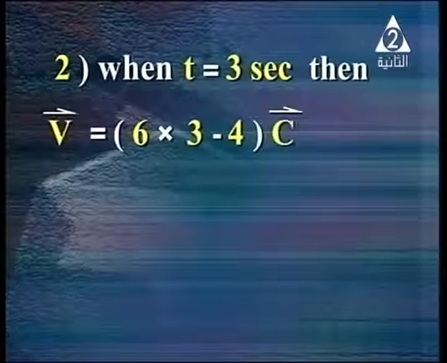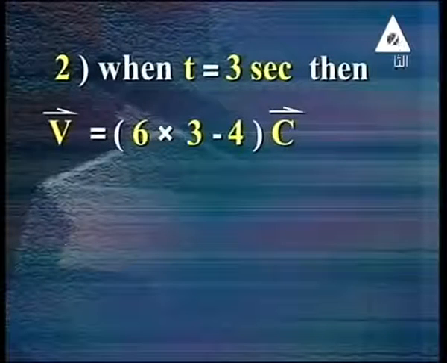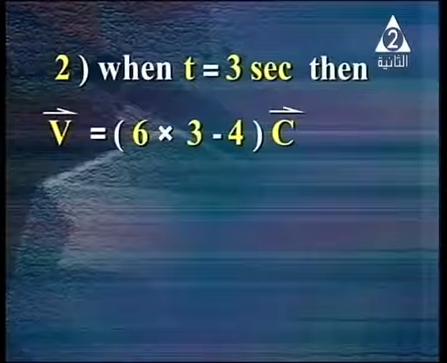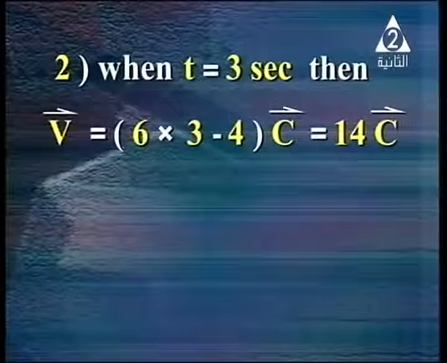Second case, when t equals 3 seconds. By substitution of t equals 3 in the velocity, v equals 6 times 3 minus 4 in direction c. The answer is 14c.